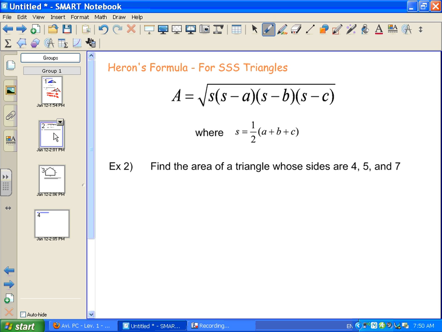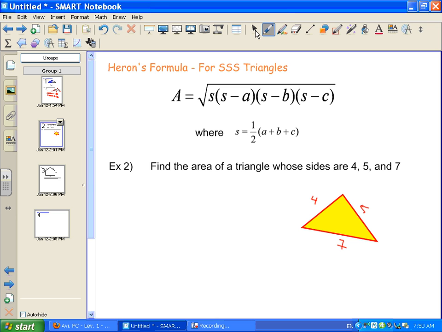So if I have a triangle, and sides are 4, 5, and 7, we can figure out the area of that given no other information, as long as I have this.